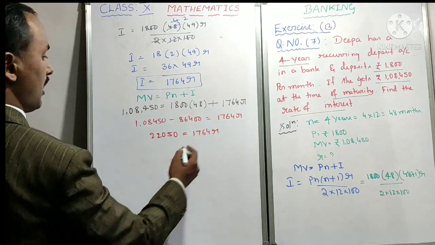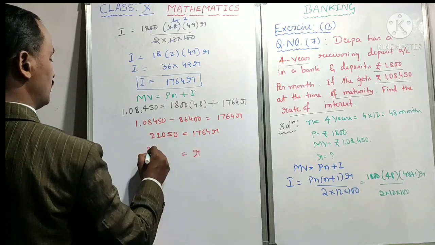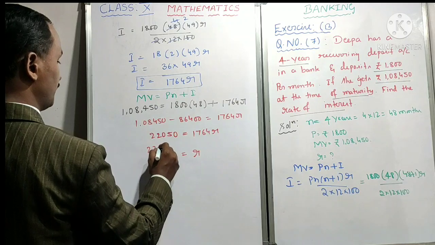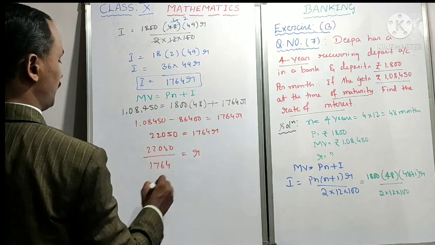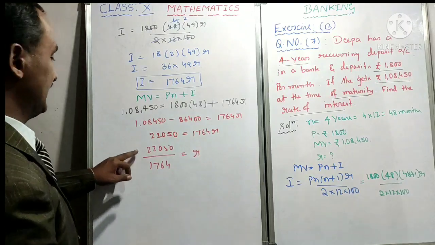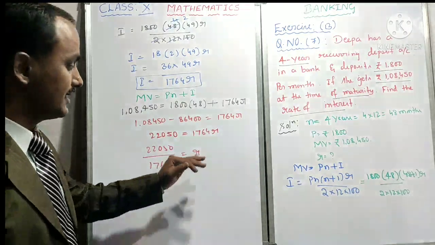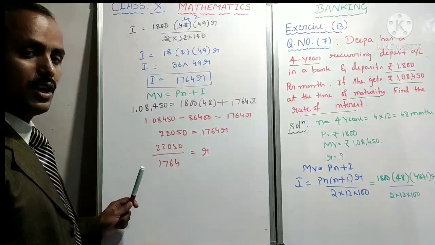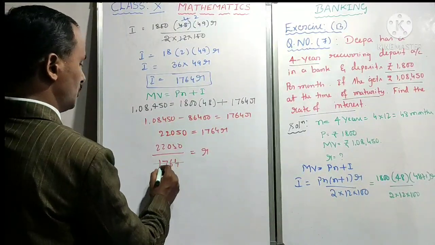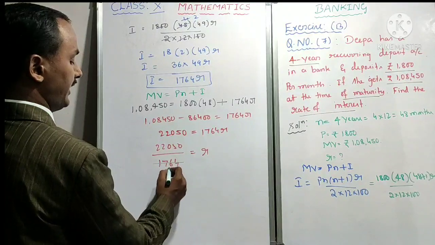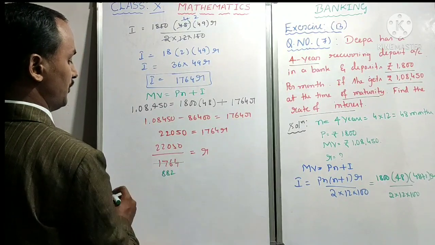Next, finally, R is equal to 22,050 divided by 1764. Now how much will this division come to? That is the R value. These two are divisible by 2, because 2 8s are 16, 1 carry, 2 8s are 16, 2 2s are 4.